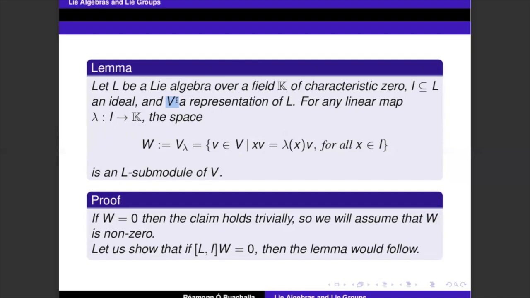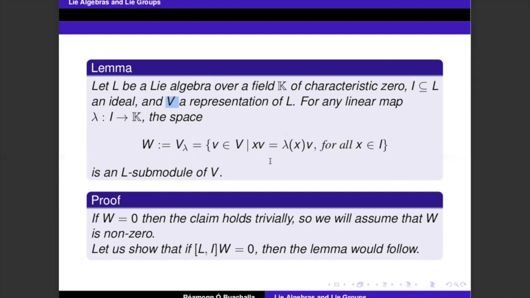Then for any linear map lambda that goes from I to the field K, we introduce a space, V sub lambda, which is going to be all of those elements in V such that, and here again we're dropping the rho. Really, if we wanted to be completely precise, this is not X, it's rho of X operating on V. But because it becomes a little troublesome to keep on writing the rho, it's a convention to drop it.